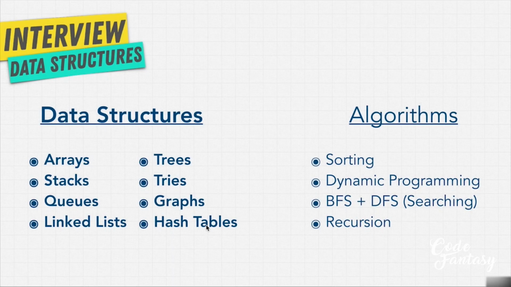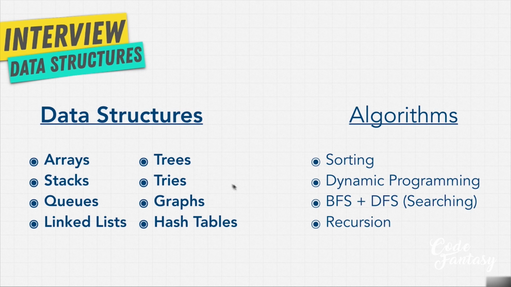But you might still have a few questions that haven't been answered. And there are some things that I left out because they apply more to algorithms. When it comes to sorting, we're going to use arrays and trees. When it comes to dynamic programming, we're going to be talking about hash tables. When we talk about breadth first search and depth first search, that's used in graphs and trees.